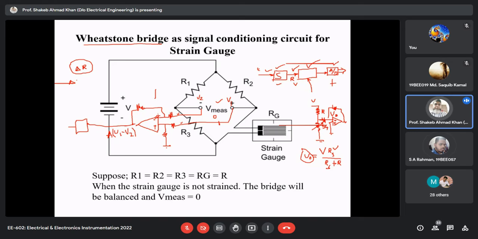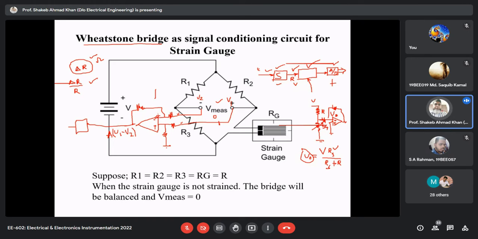When you compare delta R upon R, because of the comparison, it is more suitable. In this case it is absolute, so it will be in ohms, and here it is in normalized terms, it is dimensionless.